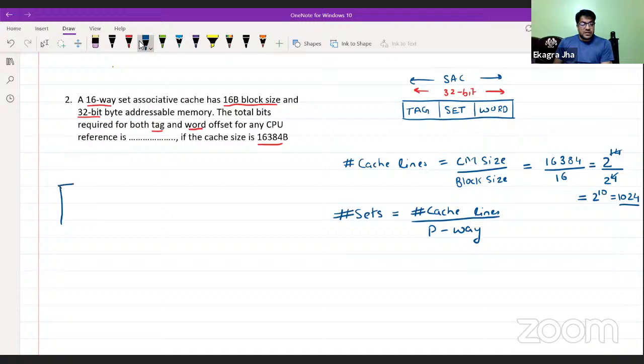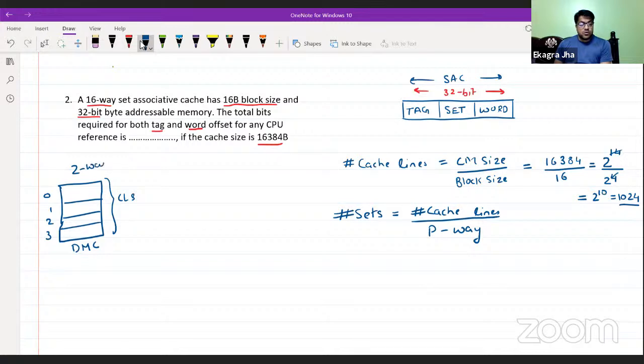Let me have the direct mapped cache example once again. So here you are going to have 4 cache lines. These are the cache lines. But the only issue is in direct mapped cache, you can only accommodate one main memory block. So for simultaneous or multiple storage, we divide this direct mapped cache into a number of sets. So let's suppose we have a two-way set associative cache in here.